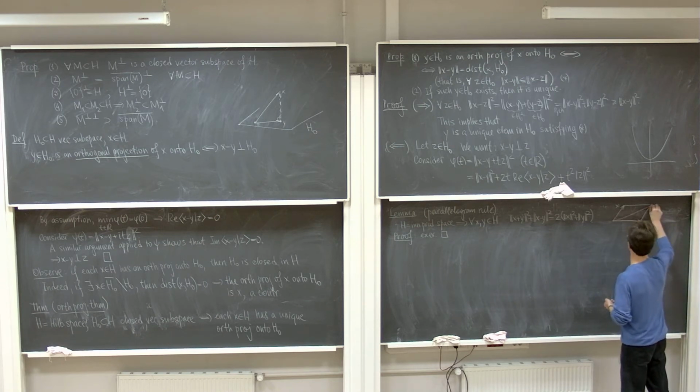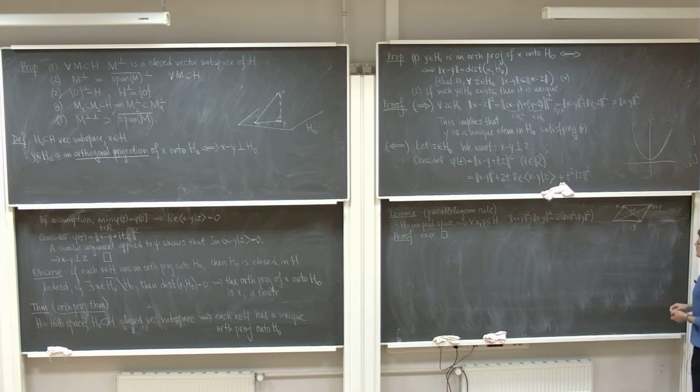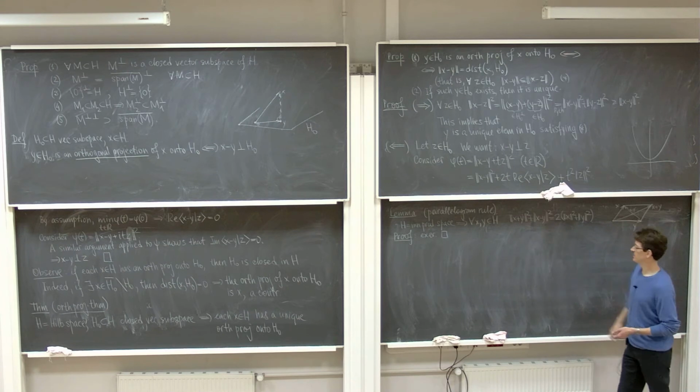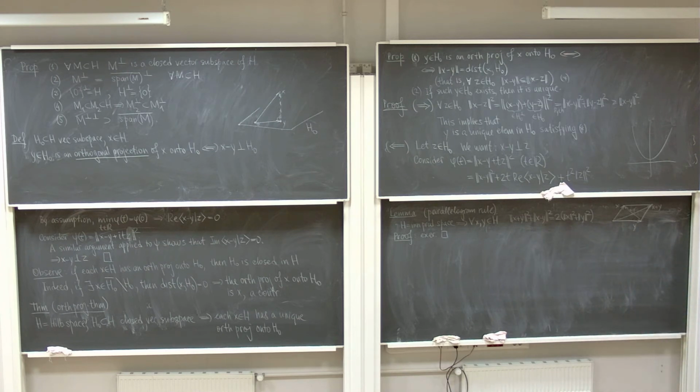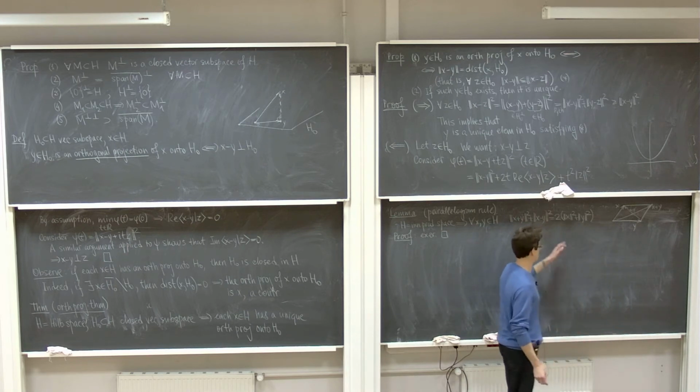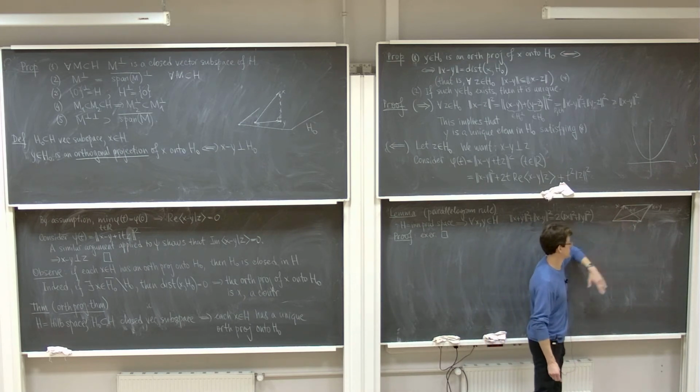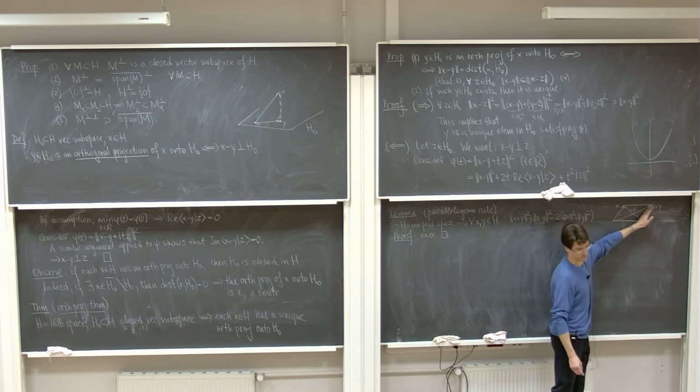So this vector will be x plus y, and this one will be x minus y. And we get the well-known geometric fact that the sum of the squares of the lengths of the diagonals of the parallelogram is equal to the sum of the squares of the lengths of all sides. That is x squared plus y squared plus x squared plus y squared.